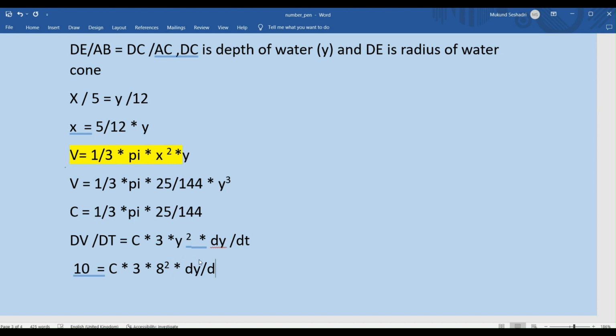So we have dy by dt equals 10 divided by 64 into 3, which is 192, into c. So you've got dy by dt equals 10 divided by 192 into c, right? So c is in the denominator.